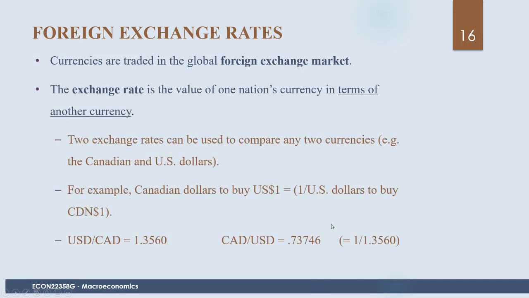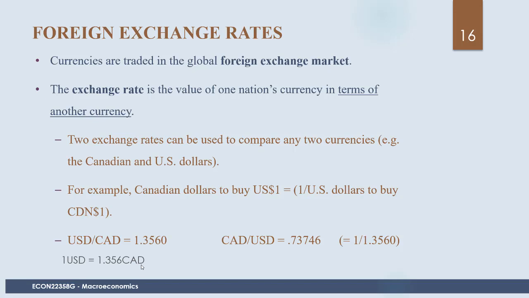The exchange rate is the value of one nation's currency in terms of another currency, and it can be expressed in different ways. The best way to look at this is to first think about this expression here. This is saying that $1 US is equal to 1.356 Canadian dollars. You can think of, on a table, you have a US $1 bill, and then on the right of that, you have a Canadian loonie with 35 cents and change.